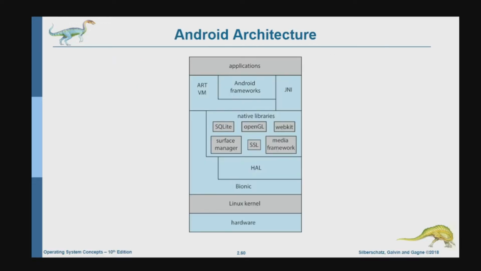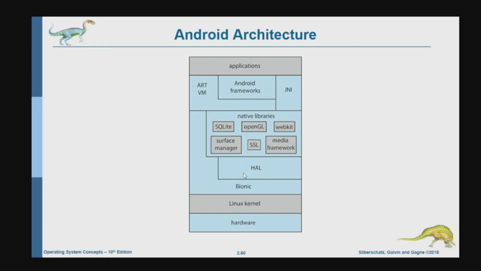And then this is the Android architecture. It is Linux with several modifications. This one is the application, and then we have the virtual machine, Android framework, JNI here, and then we have the smaller libraries that deal with the database, OpenGL, WebKit, SSL, Service Manager, and media framework.